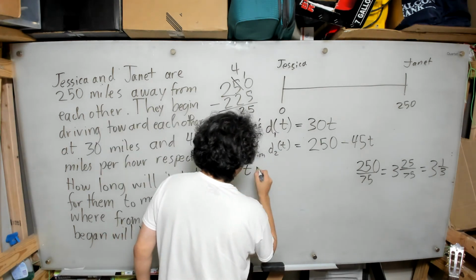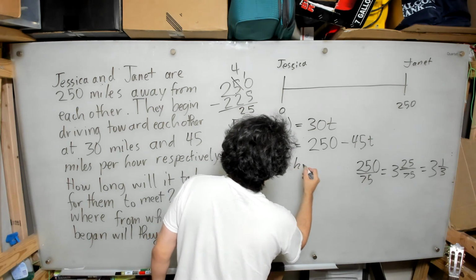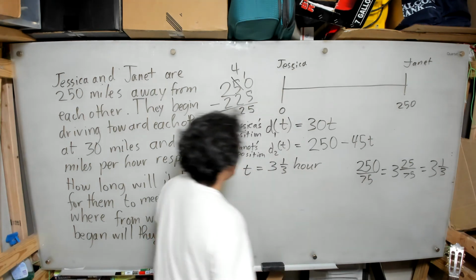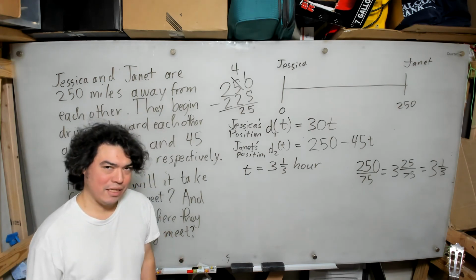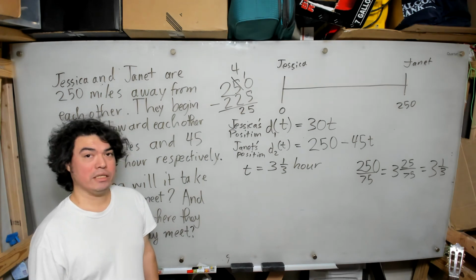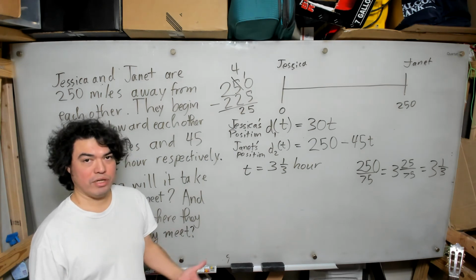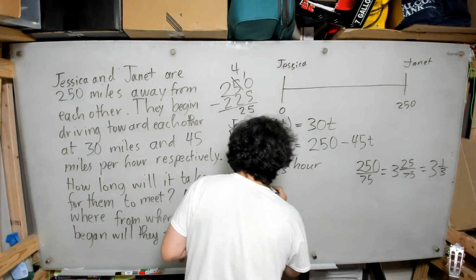At time 3 1/3 of an hour. So that's a lot more familiar to us. Now we know that an hour is 60 minutes. 1/3 of 60 is 20 minutes, because 20 times 3 is 60. So we can now say it in even more familiar terms.